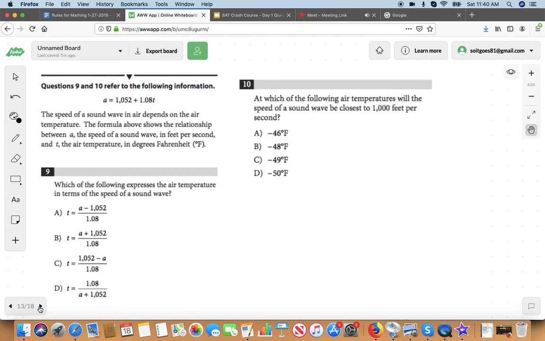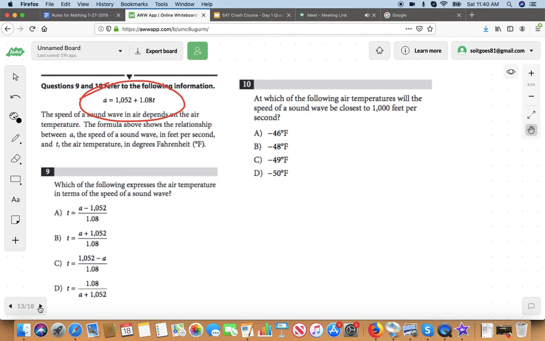We could use question 9, or we could just use the equation right here, whatever's easier. What do you think is easier? Probably the equation of the question. I mean, technically, you could plug in 1,000 for A and see what the temperature is. You could do that.